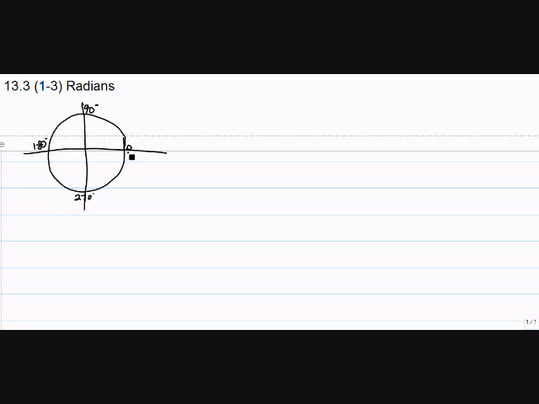Then we come back up to 360. So we have 360 degrees rolling around a circle. You can divide that circle up into 360 equal little parts. Well, why are we dividing it into 360 parts? Why not 10? Why not 1,000? Why 360? Anybody know?